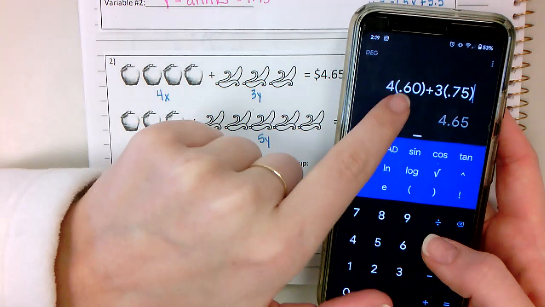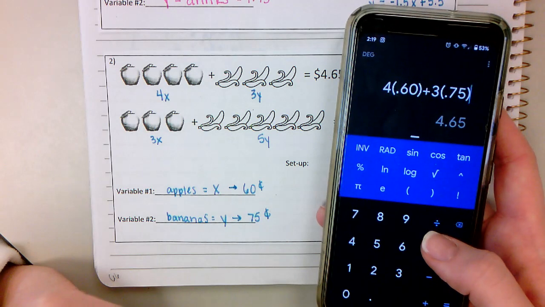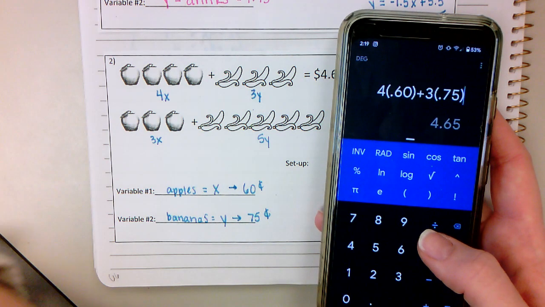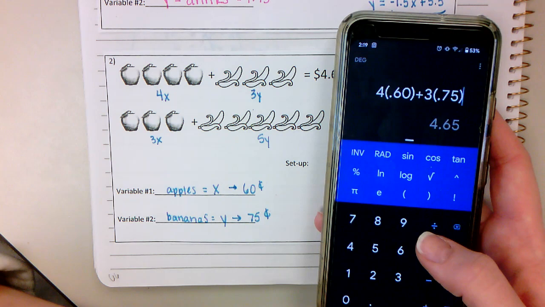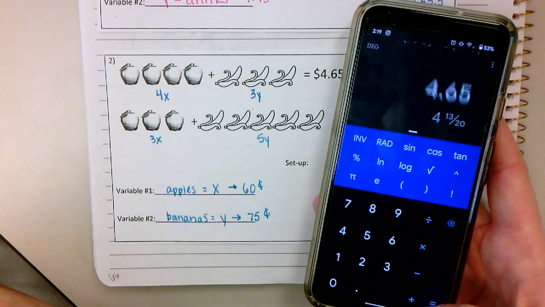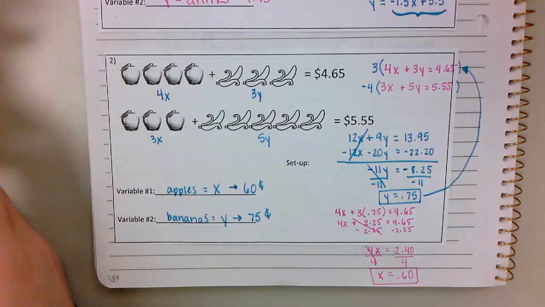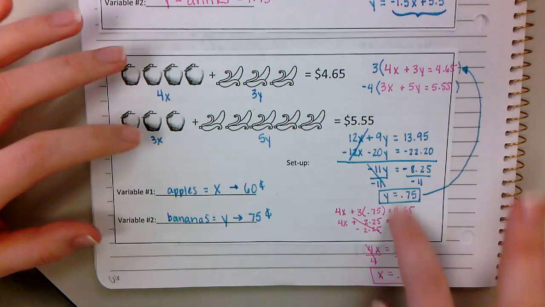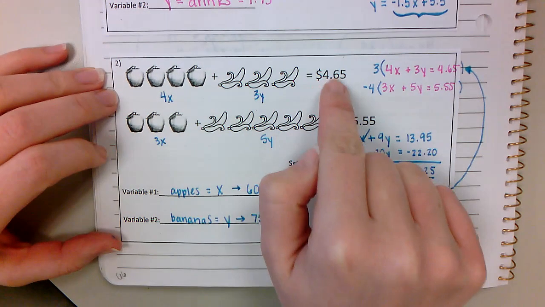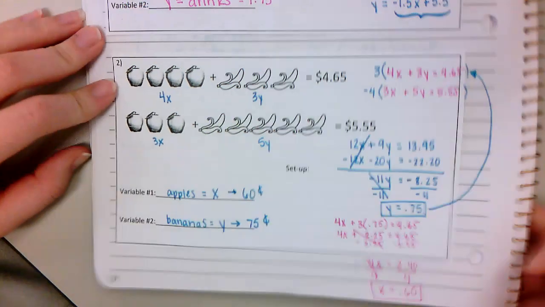And remember, when you're plugging in 60 and 75 cents, that's 0.60 and 0.75, because a whole is 1.00, that's $1. So less than that is going to be a decimal number. And so you can always check your work and go back, because sometimes this looks right, but when you actually plug this back in, it doesn't work out to equal what it's supposed to equal.